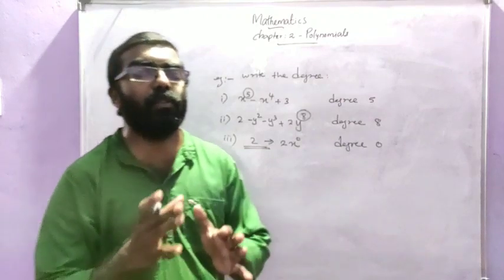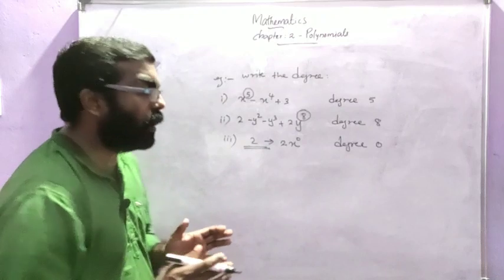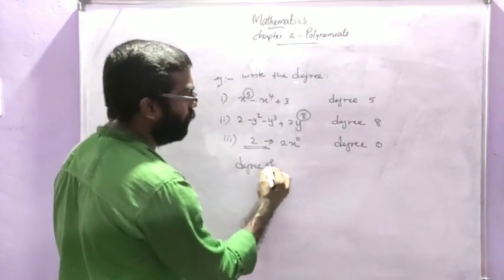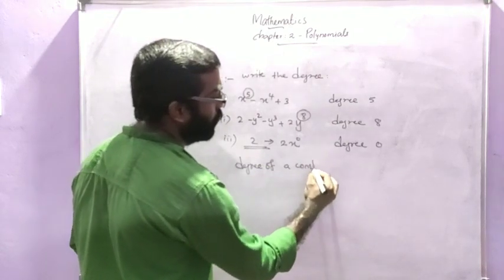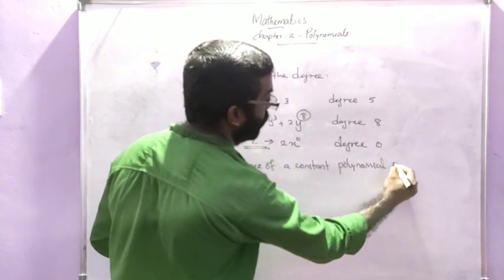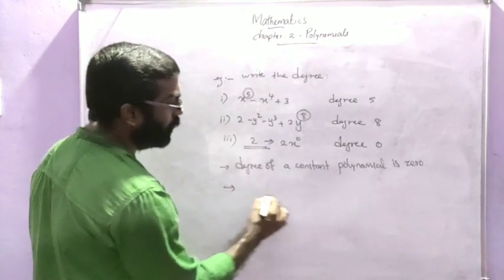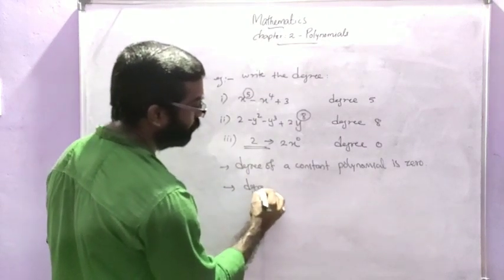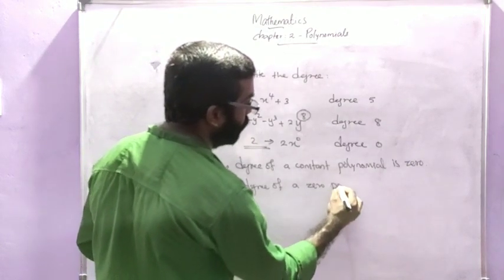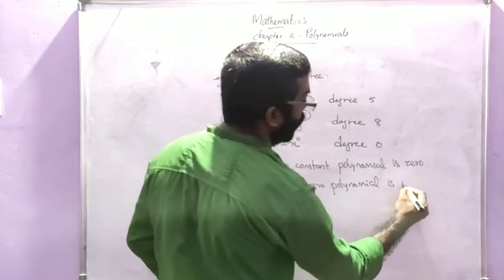So you have to remember two important things. One is the degree of a constant polynomial is 0. And the second one is the degree of a zero polynomial is not defined.